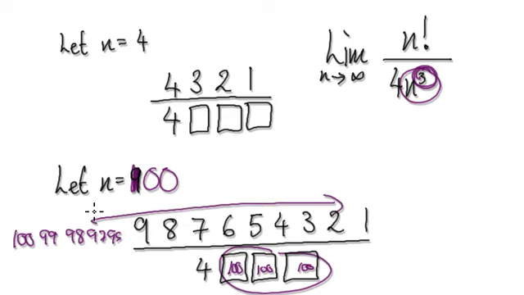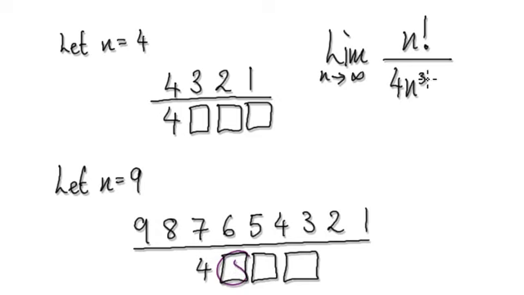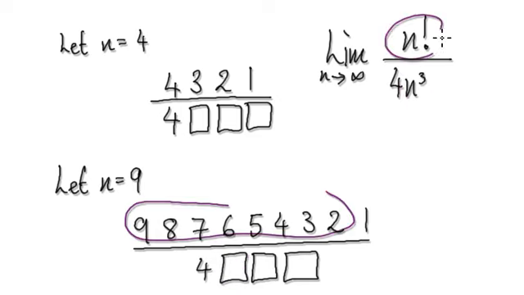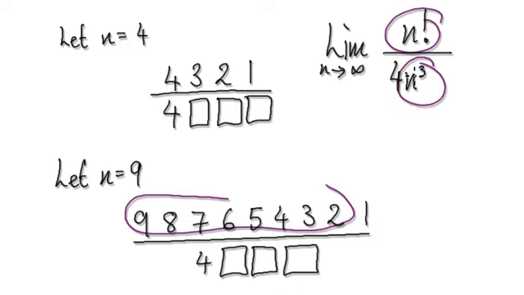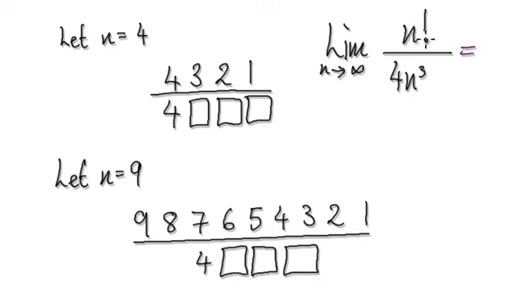You can see that the numerator is going to be much bigger than the denominator because these 3 blocks are fixed. So the numerator, n factorial, will be a lot bigger than n cubed. So you can conclude that the limit goes to infinity because this is going to be much bigger than n to the power 3. Okay.